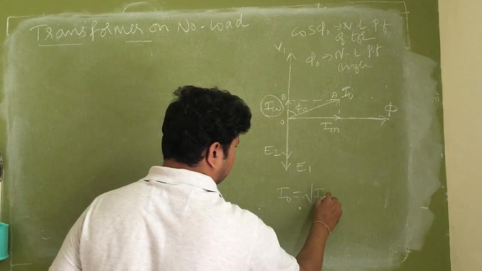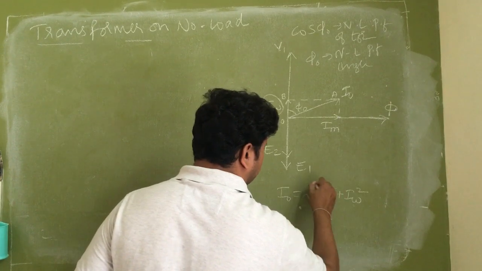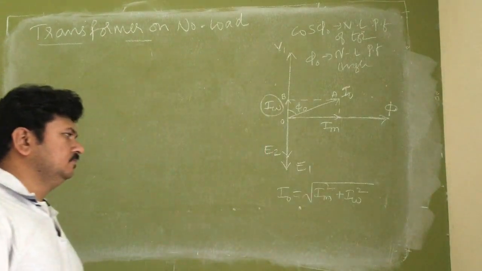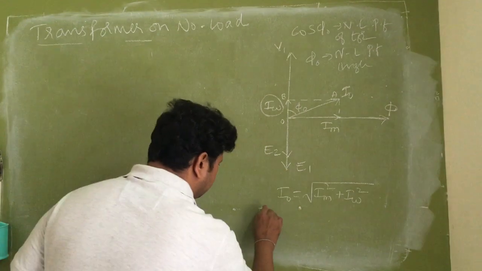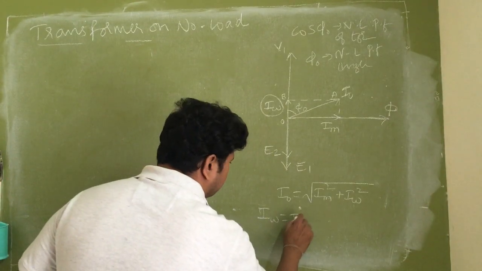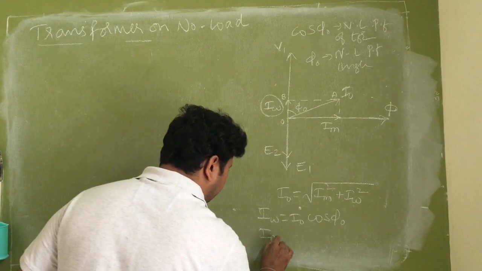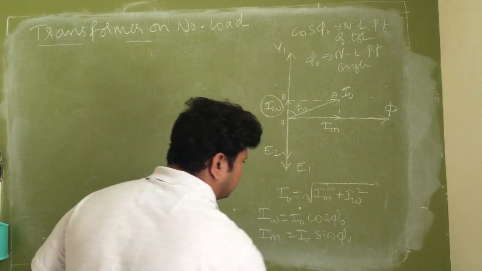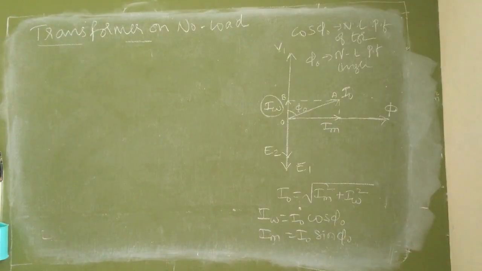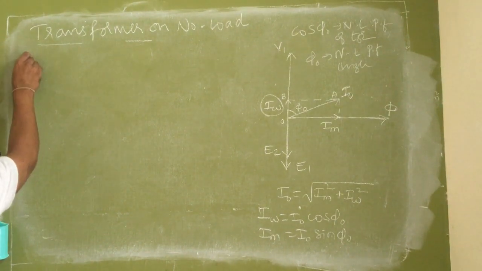I naught is the square root of IM square plus IW square, where IW is I naught cos phi naught and IM is I naught sin phi naught.